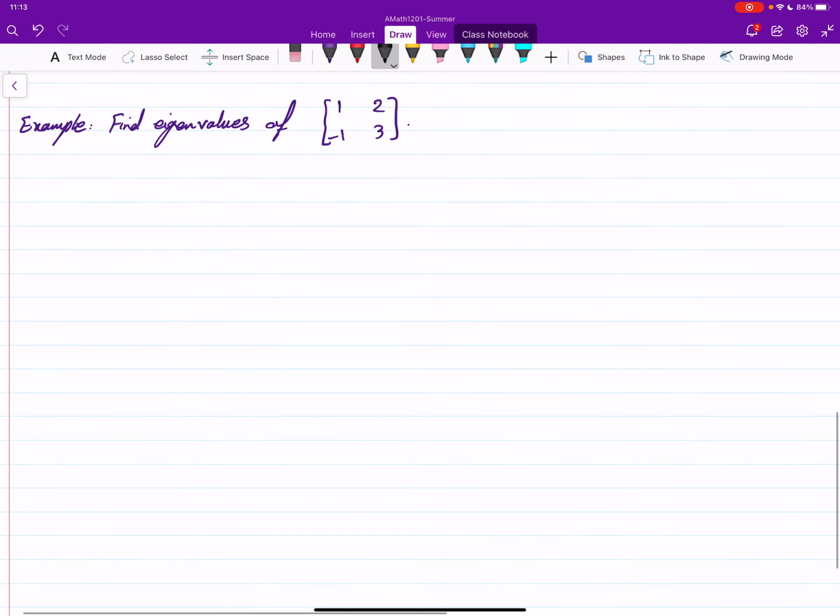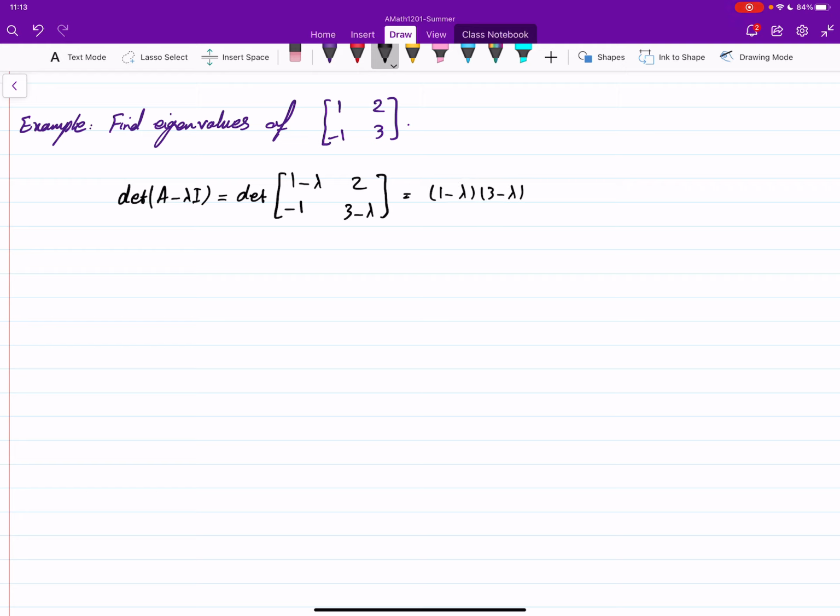Okay. And the last one, this equation can be a characteristic equation, characteristic polynomial. So determinant of A minus lambda I, which is the determinant of 1 minus lambda, 2, negative 1, 3 minus lambda. This is 1 minus lambda times 3 minus lambda minus negative 1 times 2. That will give me lambda squared minus 4 lambda plus 3 plus 2, which is 5.